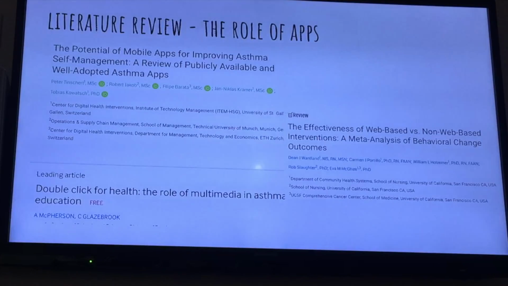Particularly looking at asthma apps, it showed that asthma education within the paediatric population showed reduced number of hospitalisations, and that health plans invested in paediatric asthma education were positive.